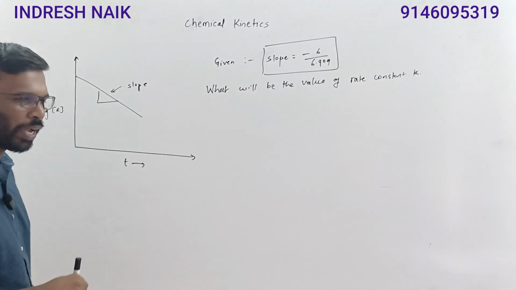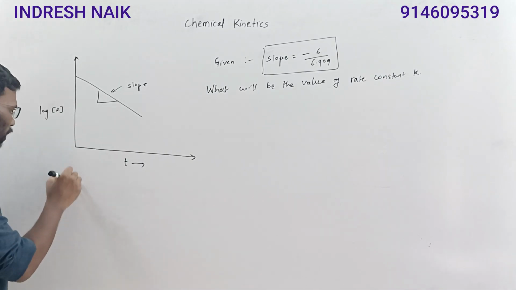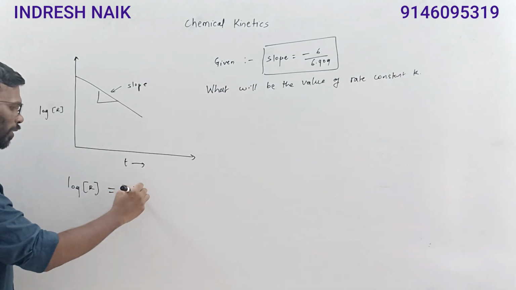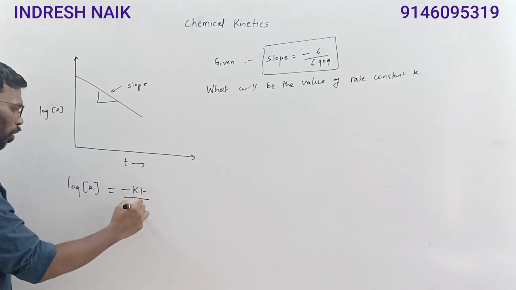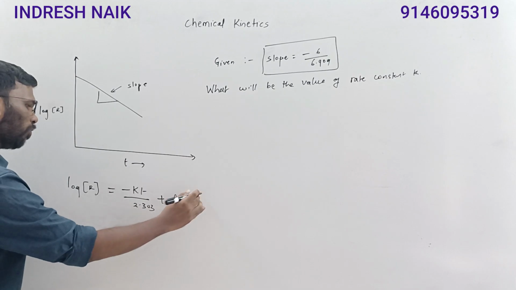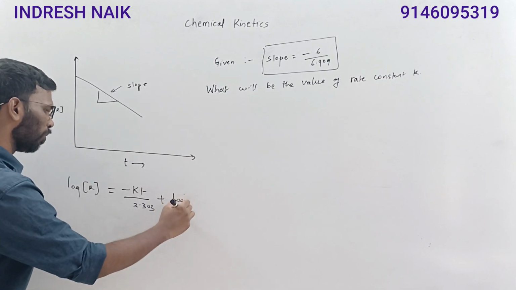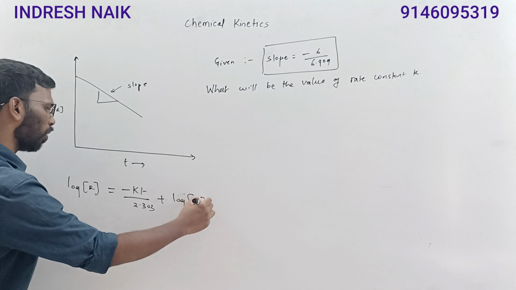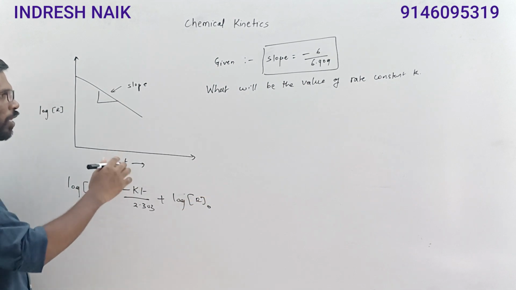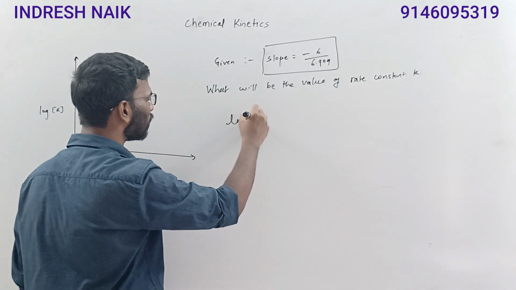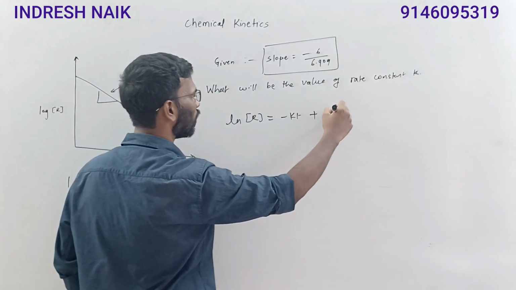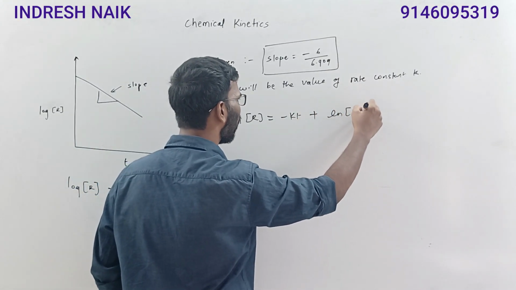See, if you carefully look at this, the equation behind this graph is minus kt upon 2.303 plus log of R0, right? This is what the equation is. How are we getting this equation? See, we know the equation ln of R is equal to minus kt plus ln of R0. We know this.